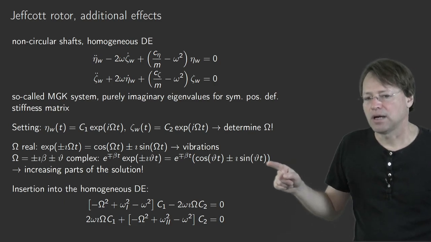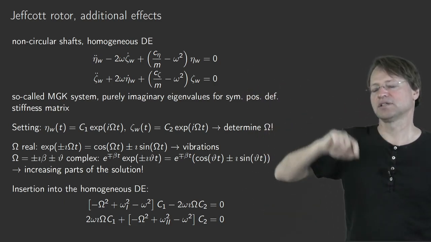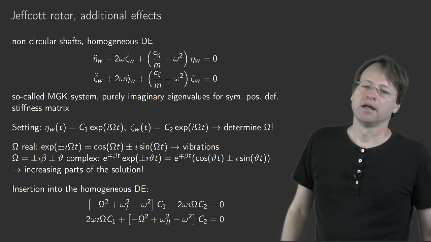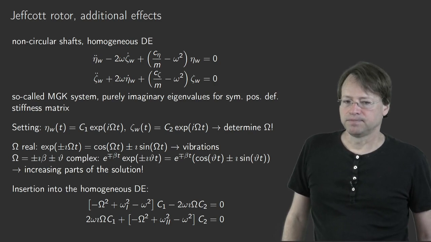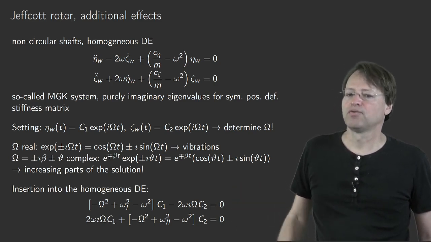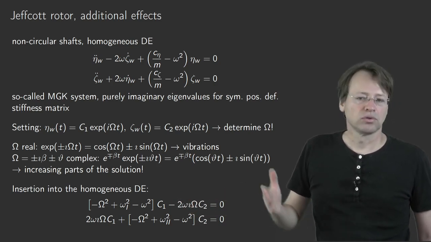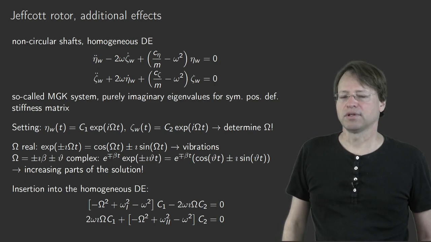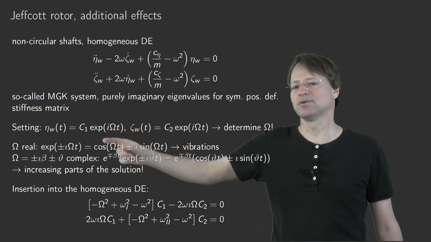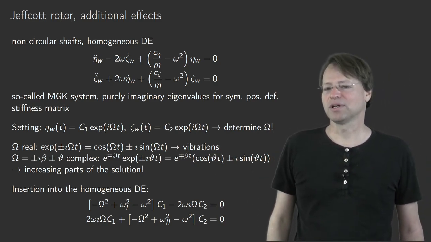So we arrive now at a homogeneous algebraic system, because we are studying the homogeneous differential equation. And we are interested in the non-trivial solutions for the two amplitudes C1 and C2, because for the trivial solution everything is clear. You have C1 equal to 0, C2 equal to 0, so eta and zeta will vanish, but this most often does not match your initial conditions.